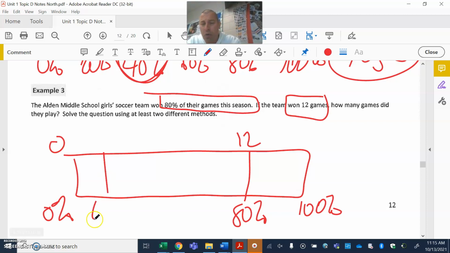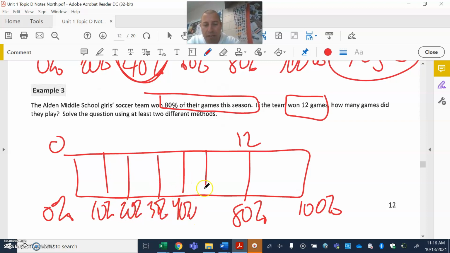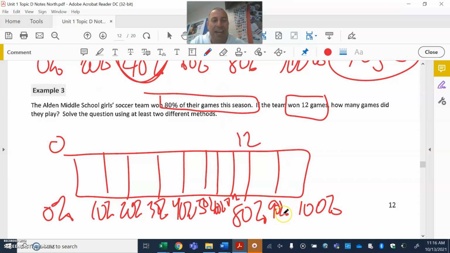All right? So 10%, 20%, 30%, 40%, 50%. You can see why counting by 20s would have been a nicer thing here. I got 60%. Oh, I got to squeeze that 70% in there. 80%, 90%, 100%. Okay, so here we go. That means I did 1, 2, 3, 4, 5, 6, 7, 8, 9, 10 boxes.